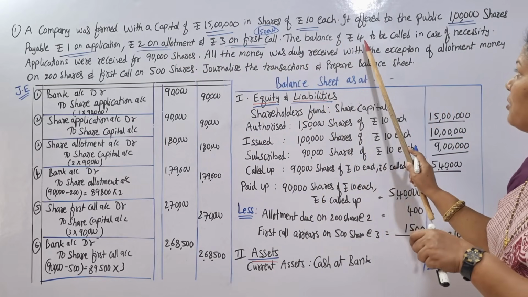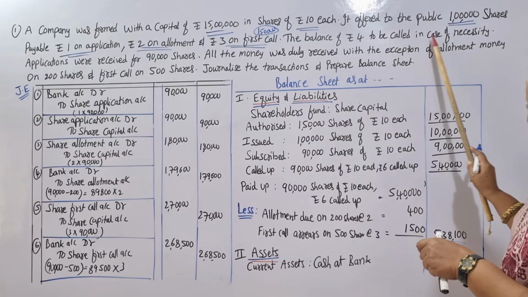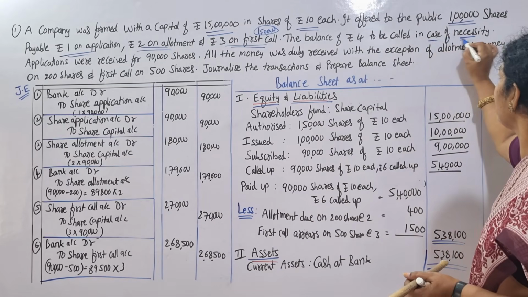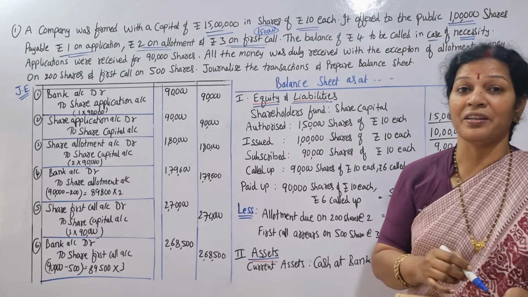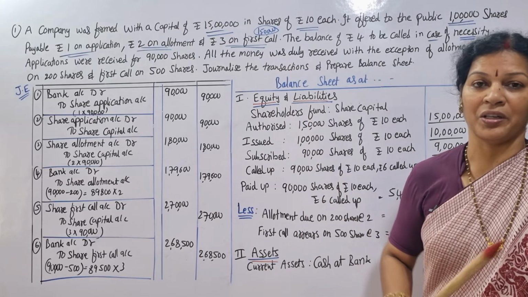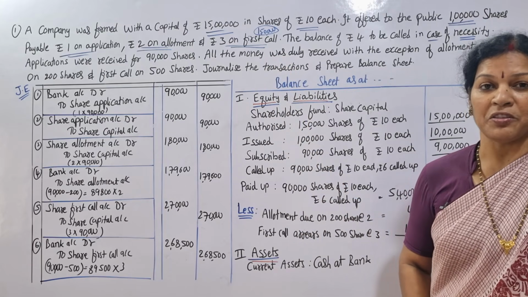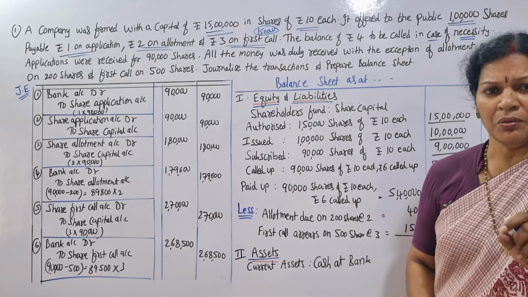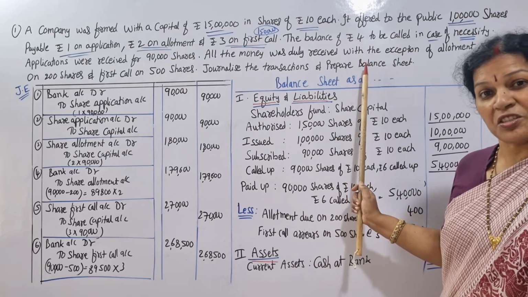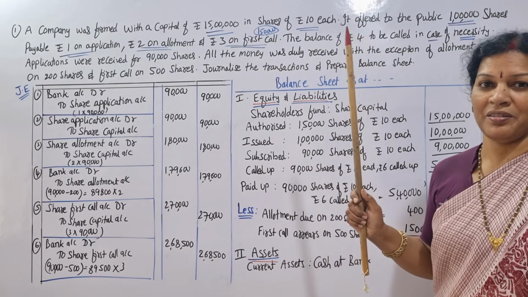The balance of 4 rupees is to be called in case of necessity. Right now they are not calling. Please remember this. Right now they are calling only 6 rupees. When the requirement is there, they will call the rest of the 4 rupees.